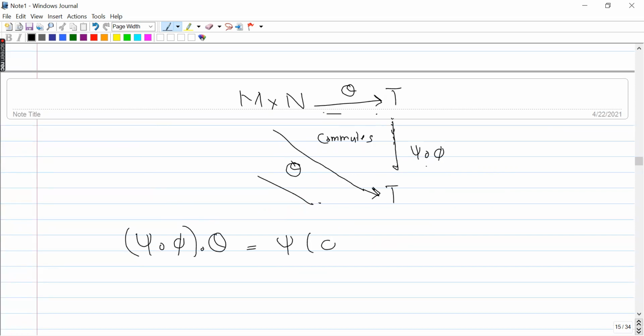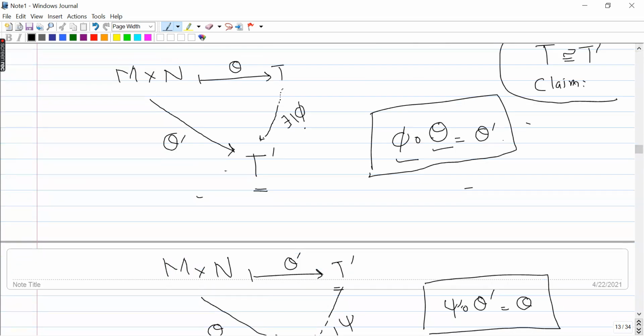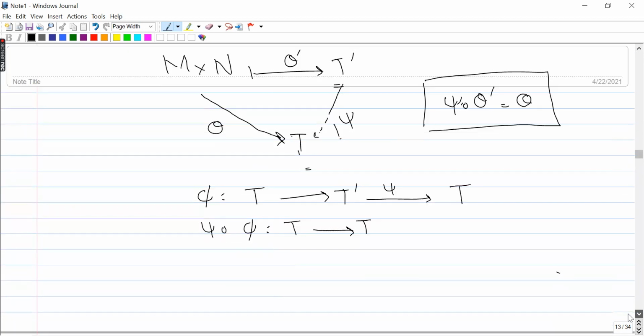So it is equal to phi composition theta. Now what is phi composition theta equal to?